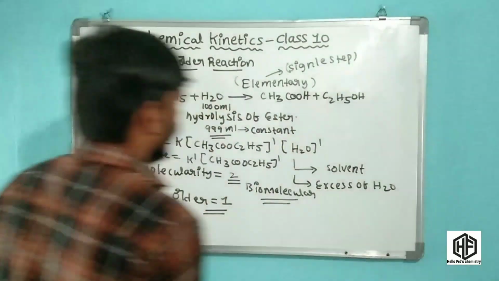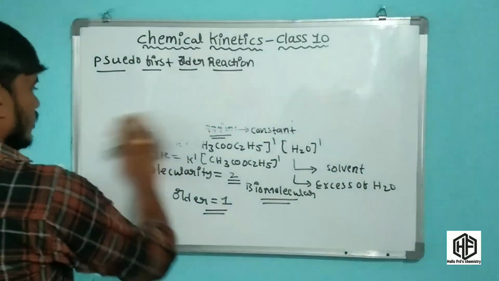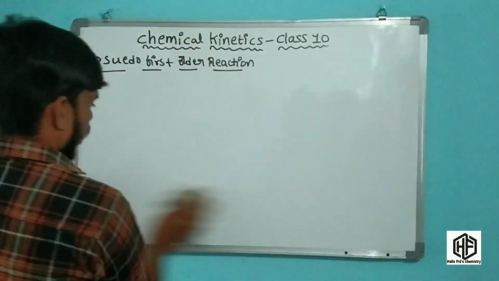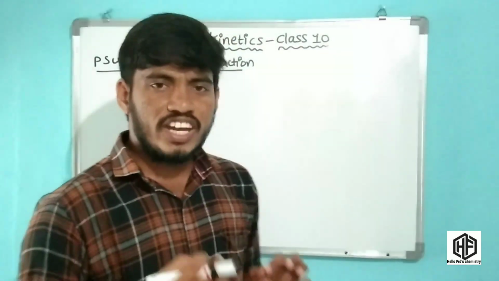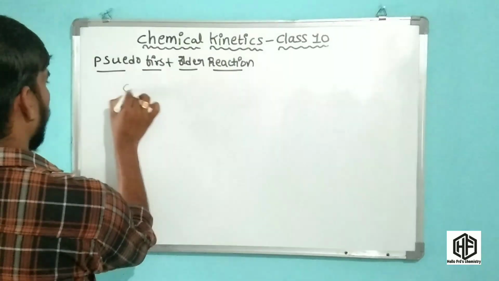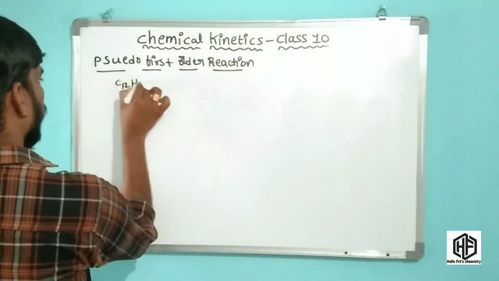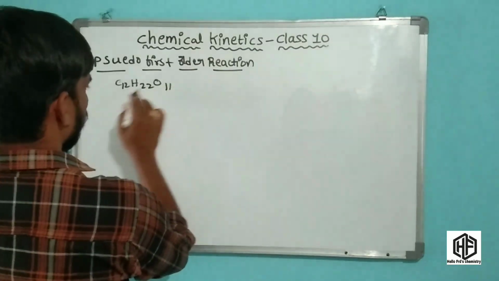And one more important example of the pseudo first order reaction is the inversion of cane sugar. Inversion of cane sugar is an example of pseudo first order reaction. This is C12H22O11.